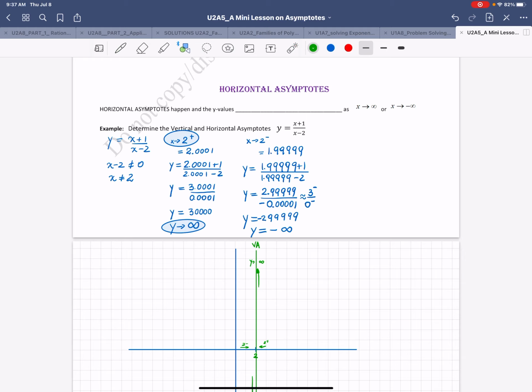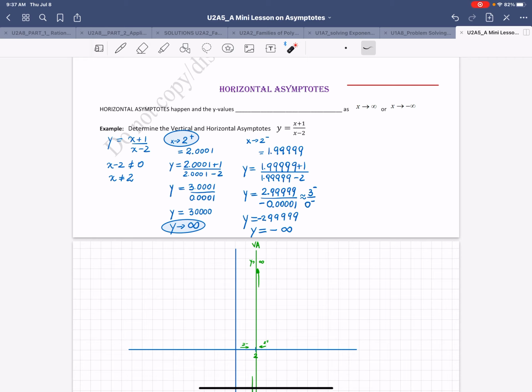Horizontal asymptotes, as the name says it, are horizontal lines, right? Horizontal asymptotes means that the graph will get very close, but will never touch the asymptote, or the horizontal line.